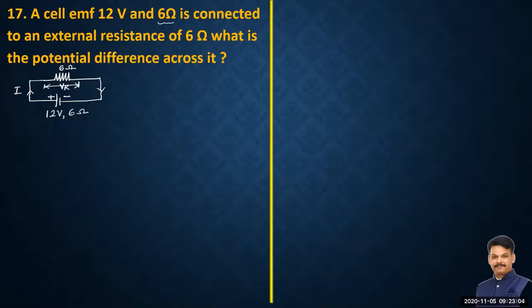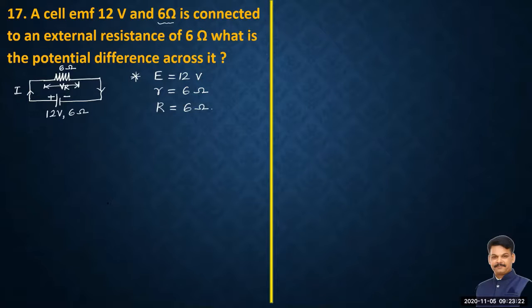Hence, observe, dear students. First, you have to make a list of the given information. That is, EMF is 12 volt, internal resistance small r is 6 ohm, external resistor is also 6 ohm.